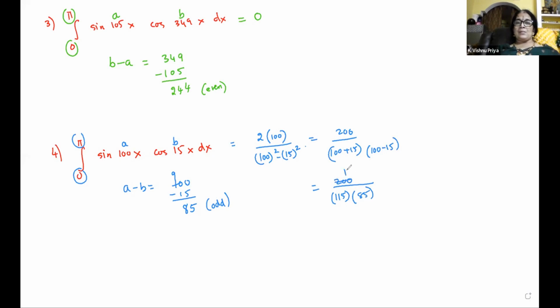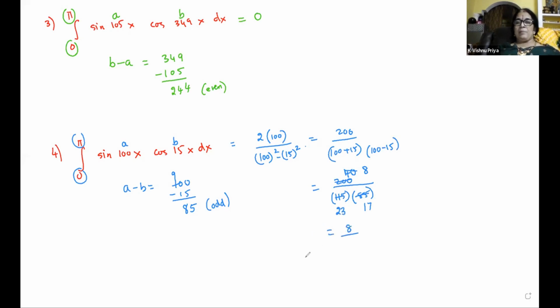Directly with 5 you can cancel. 5 fours are 20, and 0. With the 5 table I'm cancelling. And then I have 5 ones, 5, 3, 5 sevens. Again, I will use the 5 table only. So 5 eights, 5 twos, 10, 5 threes.